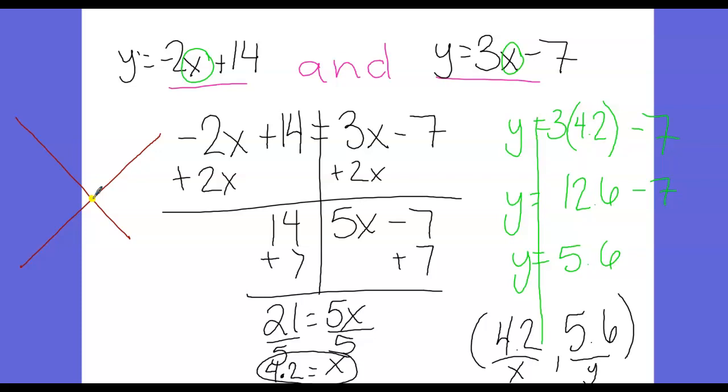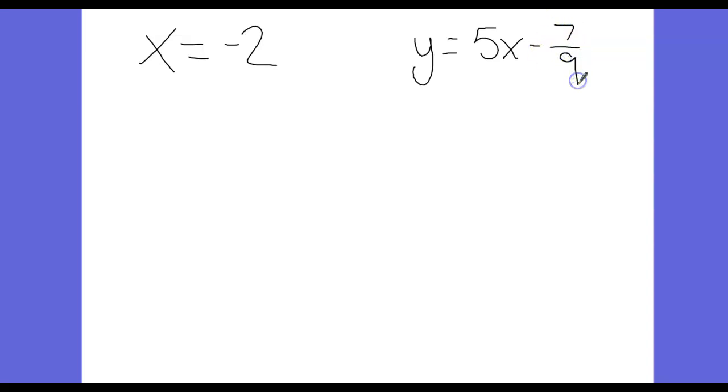Okay, now one question for you guys before you move on. What if I have something like x equals negative 2, because that was my equation, and then y equals 5x minus 7/9, what would I do? Because I don't have a y that I can replace, do I?